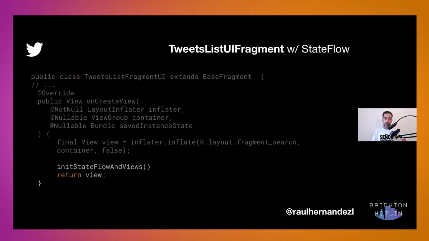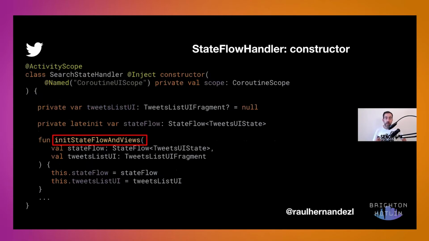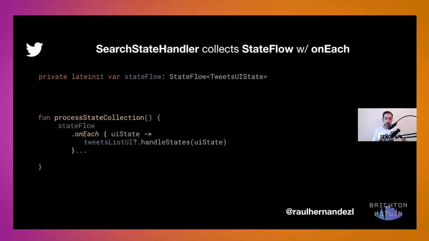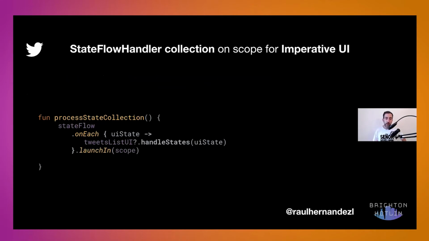Every time that I create the view, I start initializing the different flows and the views, so basically initializing this into my entity, and then collecting things by means of this state handler. Every time there is an iteration in my flow, that means the state flow, I'm going to handle the UI states for me to render anything that is valuable. Of course, into a scope, because we need to collect it. That's why we need a Kotlin file.